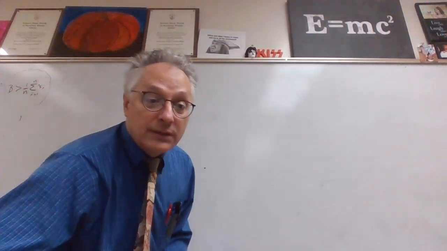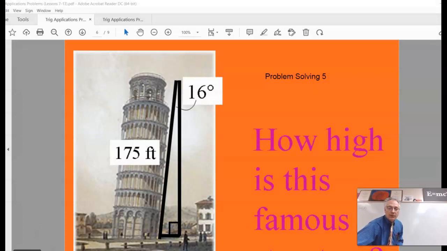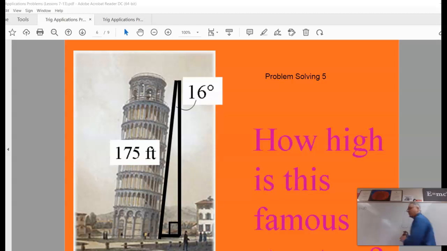But anyway, let's take a look at the picture of the Leaning Tower of Pisa. Here's my Leaning Tower. I'm going to exaggerate it a little bit. They always have the tourist who stands in front of it like they're pretending to hold it up and they take the picture. It's so cheesy.